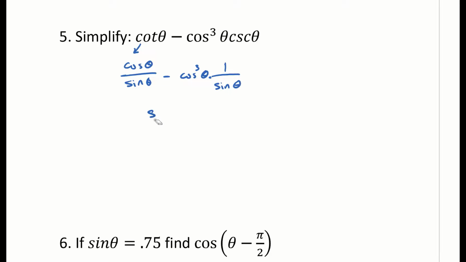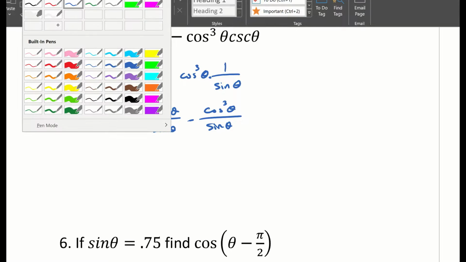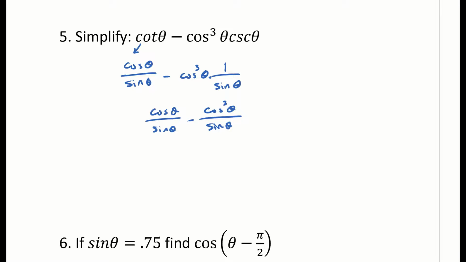And we have cosine theta over sine theta minus cosine cubed theta over sine theta. Even though I have 2 fractions again, I can put them together because they now have the same denominator. So when I combine them, I have cosine theta minus cosine cubed theta over sine theta.